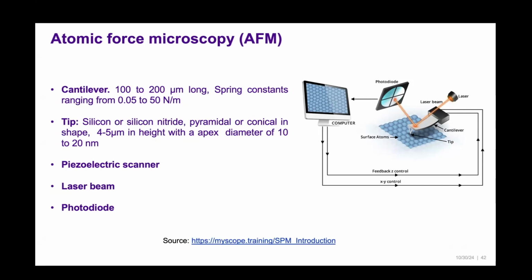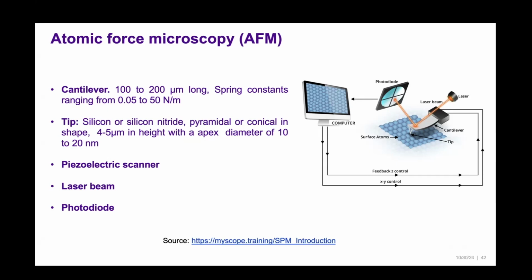Often you hear the AFM tip is made of silicon nitride or silicon, and the tip radius can be 10 nanometer, 20 nanometer. This shape can be changed, modified, surface coated if needed. It has an apex diameter of 10 nanometer, but the height of this is about 4 to 5 micrometer. There is then a piezoelectric scanner, there is a laser beam, and then there is a photodiode.